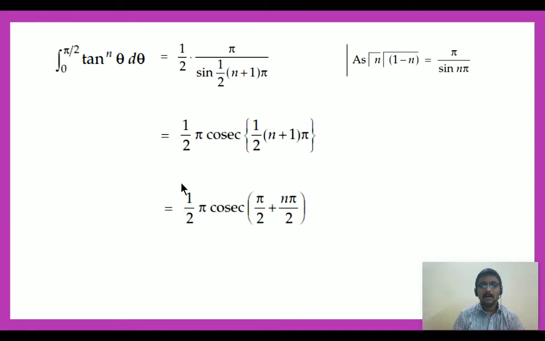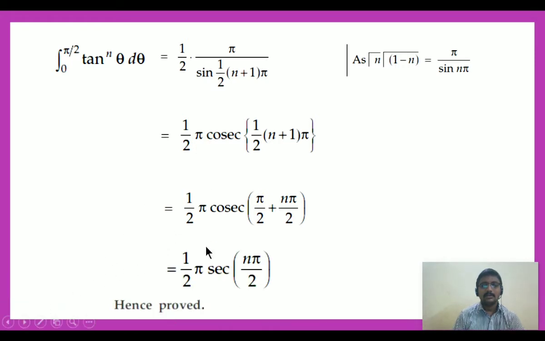So we will have half into pi cosecant of, just multiply with pi by 2, we will have pi by 2 plus n pi by 2. Don't forget 1 by sine is cosecant. So it is the required value of integral 0 to pi by 2 tan power n theta d theta.